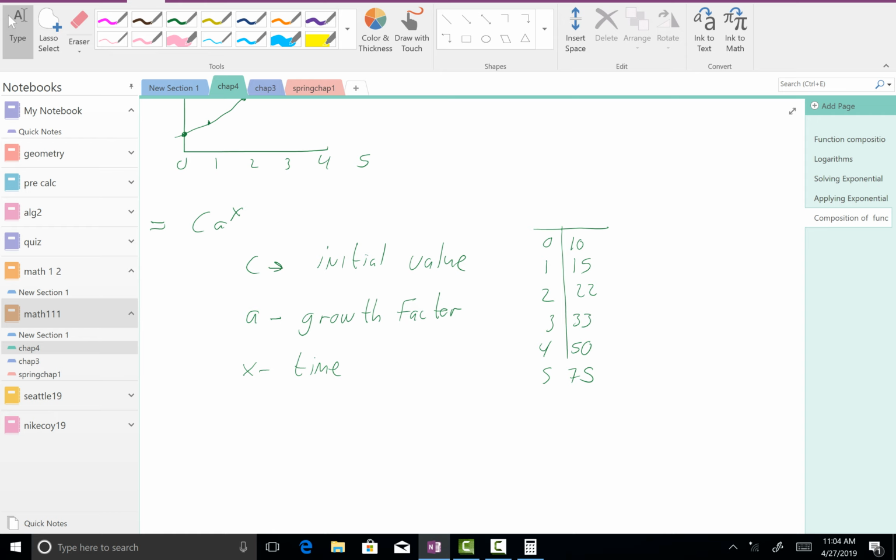If I take 22 and 33 and go 11 divided by 22, I get 0.5. That's called the growth rate, okay? So there's a difference between the growth factor and the growth rate, all right? That's what we have to be aware of when doing some of these problems.